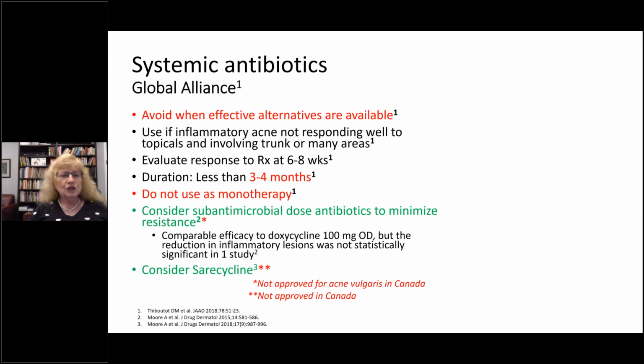But the Global Alliance, again, just like Dr. Lind and I have stated, try to avoid them when you have other alternatives. When might you actually consider an oral? So if you've tried a number of things and the inflammatory acne is not responding, then you perhaps have to use an oral antibiotic. Try to limit it to 3 to 4 months, not to use it as monotherapy.